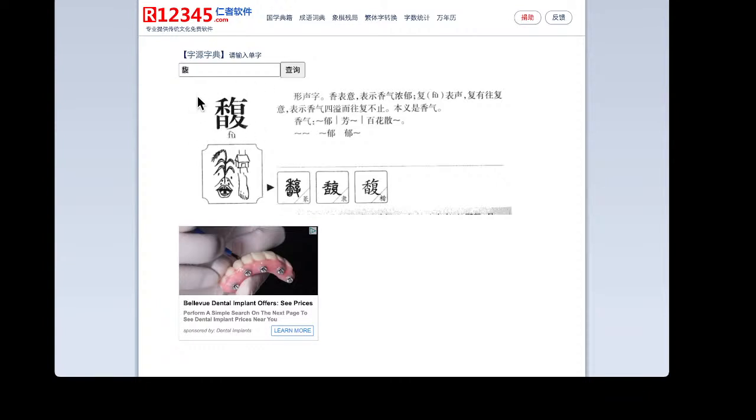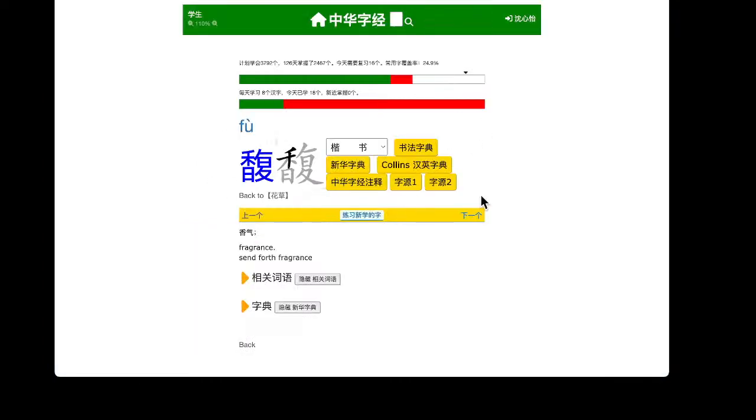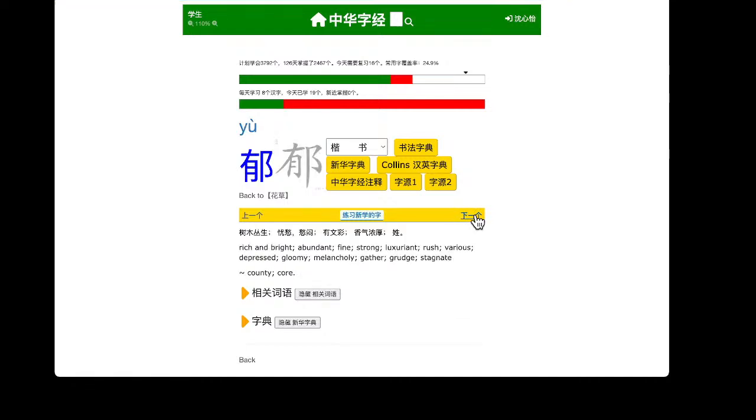Now, this is again a very common character used in girls' names, and you can see that Chinese people really like to use flowers to name their girls. All right. So next one, 郁. It means rich and bright, abundant.